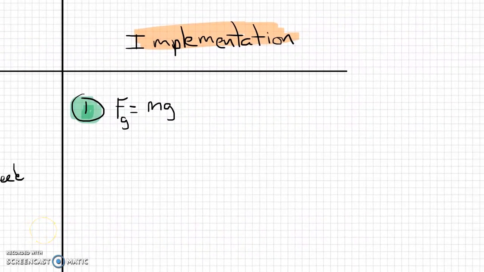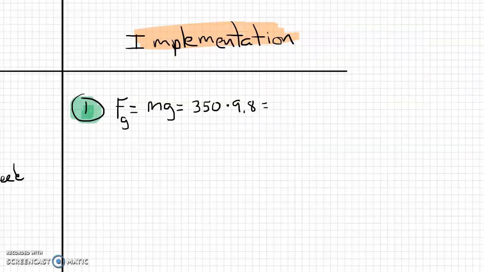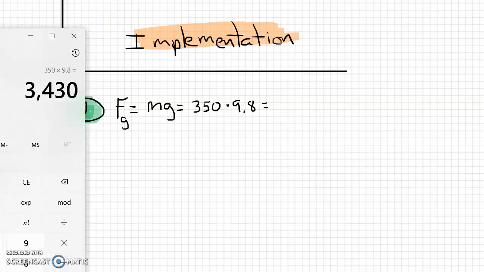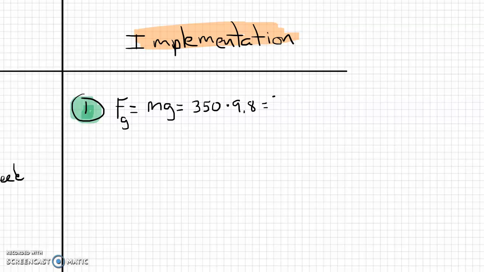We have an equation for the force of gravity, which is equal to mass times gravity. In our case, the mass was 350 kilograms and g is 9.8 newtons per kilogram. When I multiply these out on a calculator, right there it is, 3,430, and this would be in newtons.